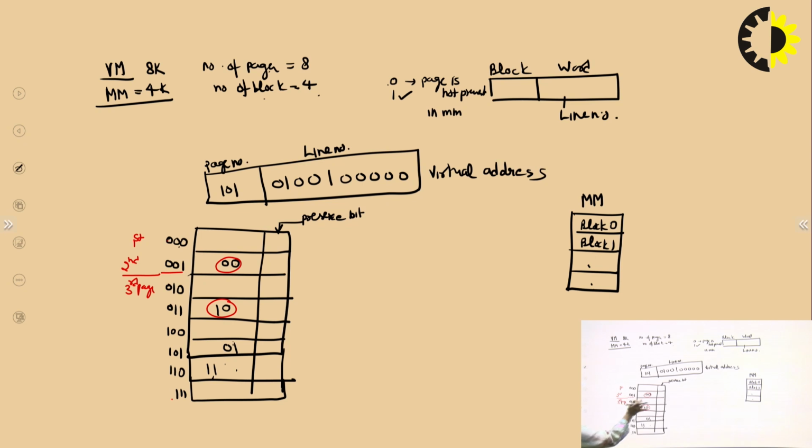So, the second page is stored in the 0th block, this block 0, this 00. The fourth page is stored here in 10, means the second block. 10 represents a 2, 01 is the 1 and 11. Here you can see only 4 entries are there, because in the main memory there are only 4 blocks. So, these are the 4.